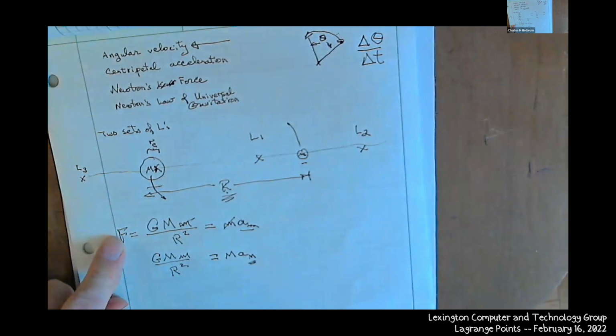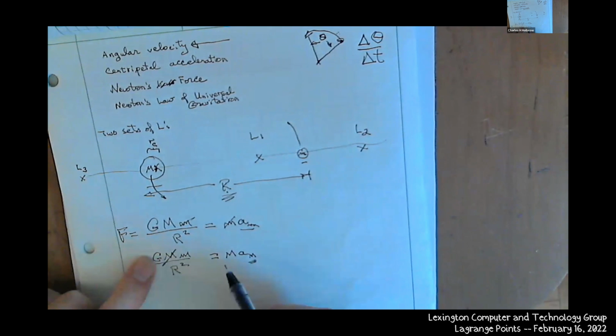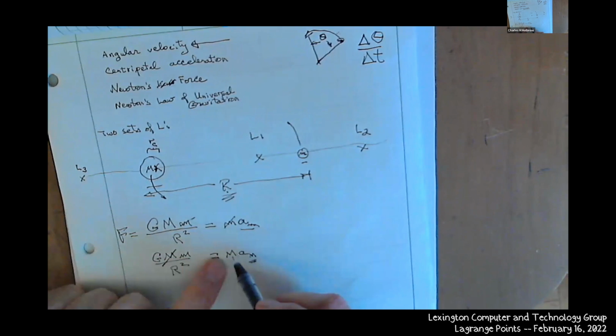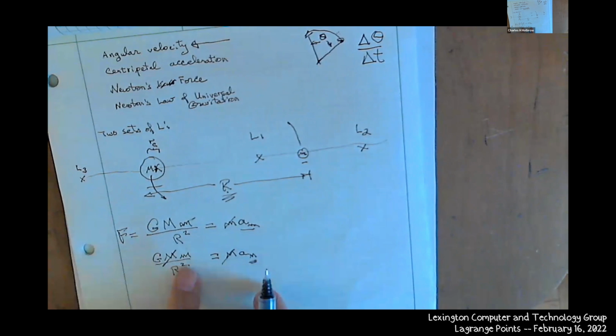Okay, but the point I want to make here is that the force that the Earth, little m, exerts on the sun is capital M, the mass of the sun, times the acceleration of the sun. And the two big M's cancel. So even though the forces are the same, the acceleration of the sun is proportional to the mass of the Earth.